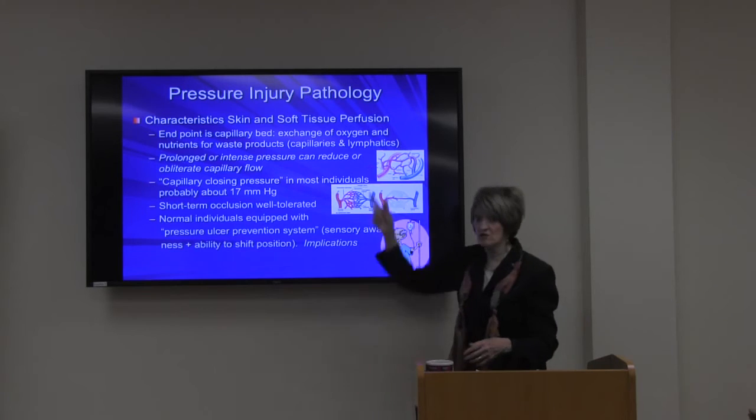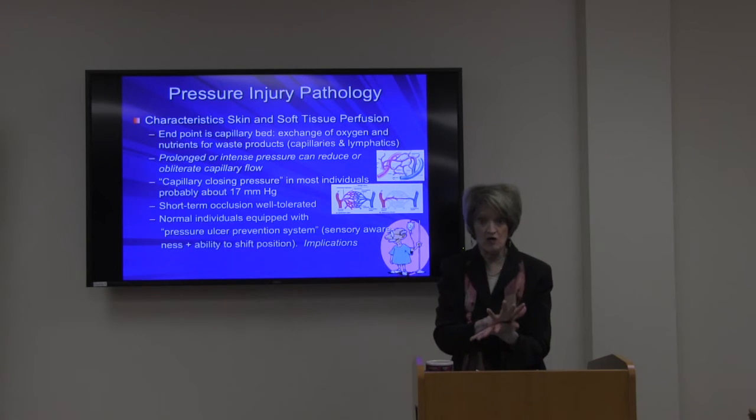So what do we know? If you have prolonged pressure or if you have very intense pressure, you can either obliterate or significantly reduce blood flow through the capillary beds.